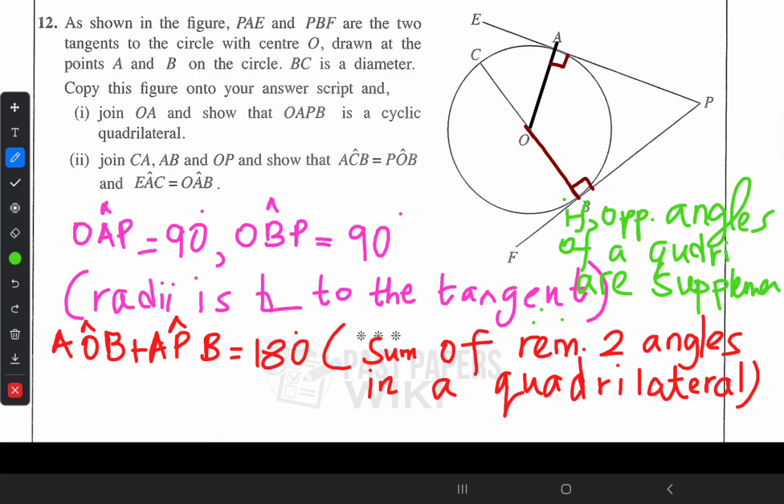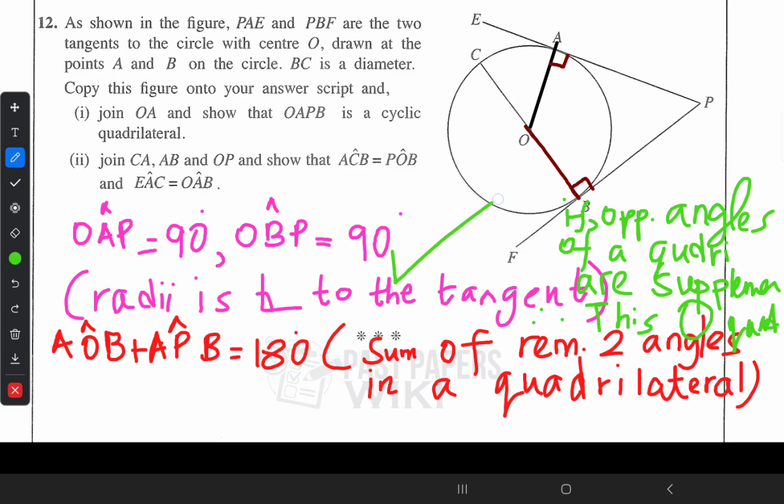Therefore, this is a cyclic quadrilateral. I'll repeat again, just note it down clearly. If opposite angles of a quadrilateral are supplementary angles, this is a cyclic quadrilateral. That's all for your reason in the first case.